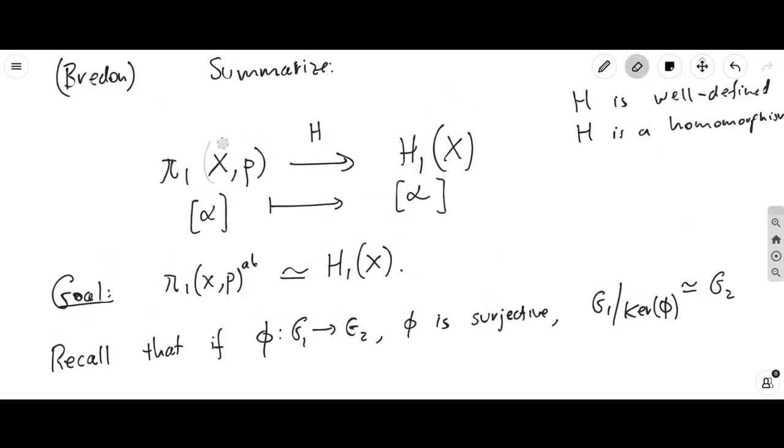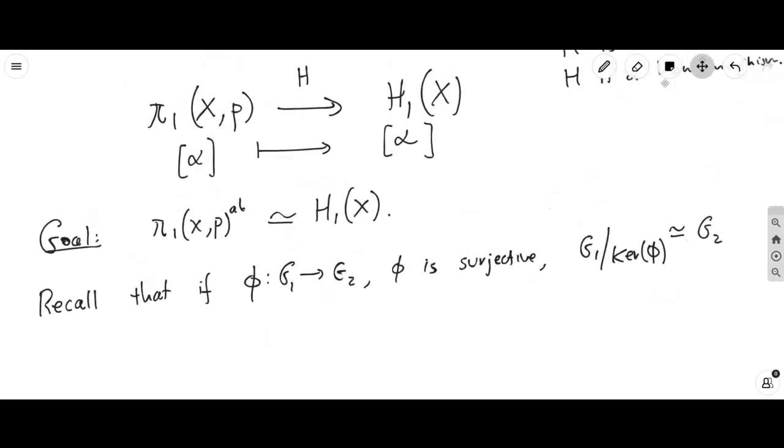You need to understand that this is not the abelianized group, that's just the fundamental group. Before we go there, let me first say that you have to show that H is surjective.